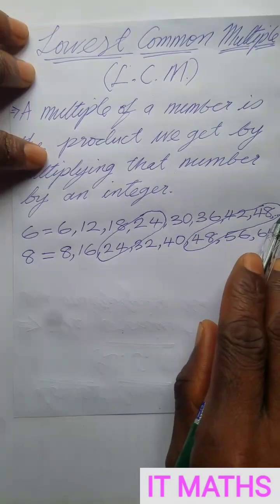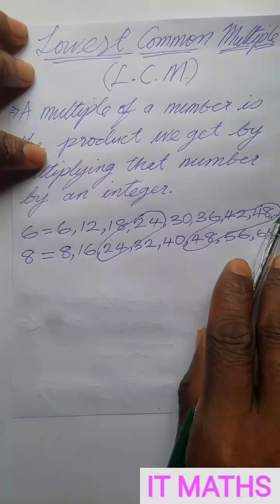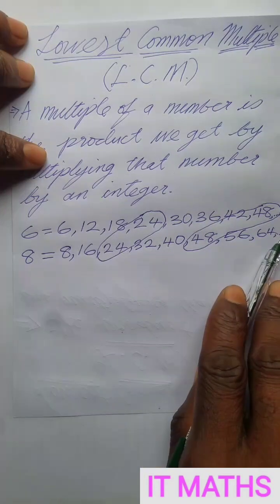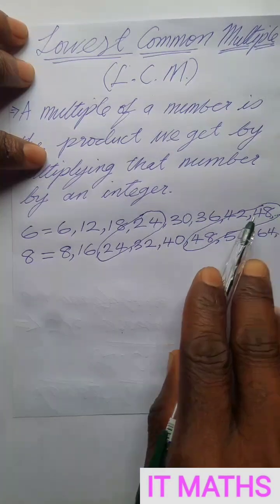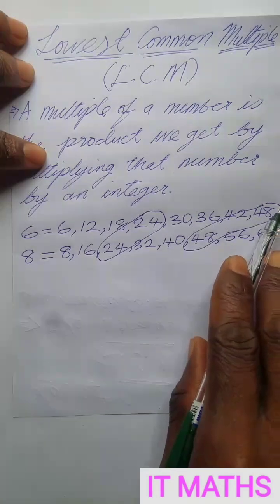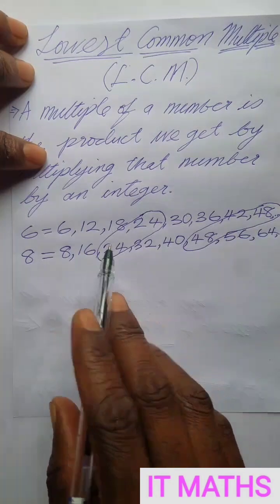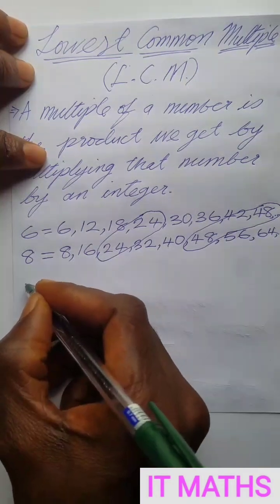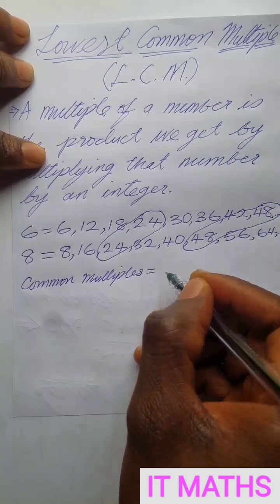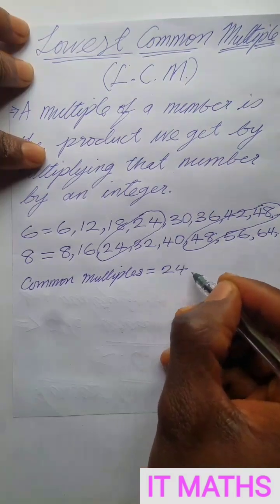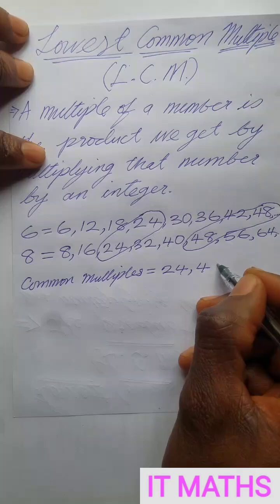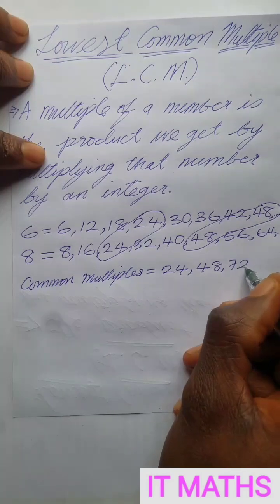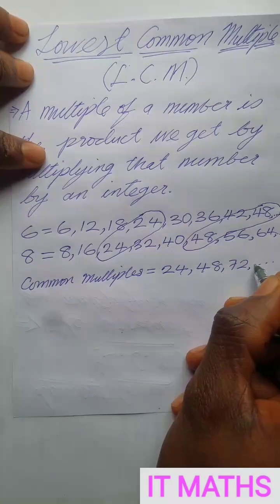Just know that if I had continued here and continued here, I would have had another common multiple, 72, for both 6 and 8. So let's write out our common multiples. So we have 24, we have 48, we have 72. Now it continues, it doesn't end.